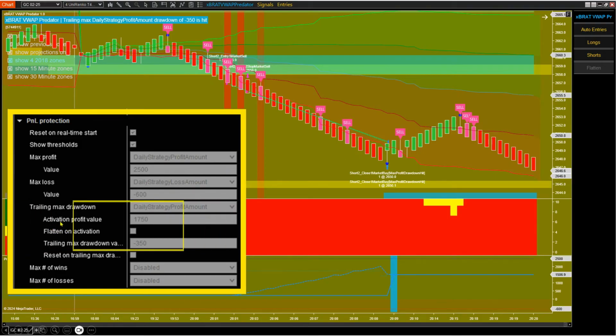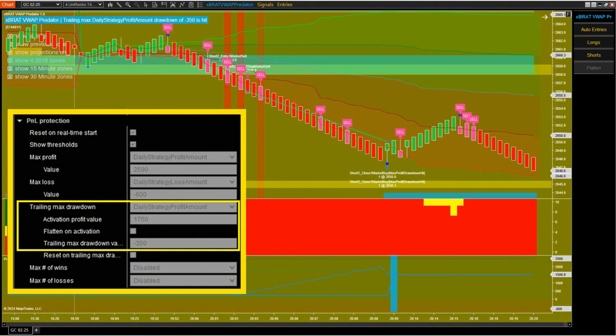So what we used here is what's called a trailing max drawdown. It's based on the daily strategy profit amount, so it resets on the close each day. And what we're saying is, when we've optimized it over the last 90 days, once we get over $1,750 in profit, remember this was 2 contracts, so it didn't take long to get there.